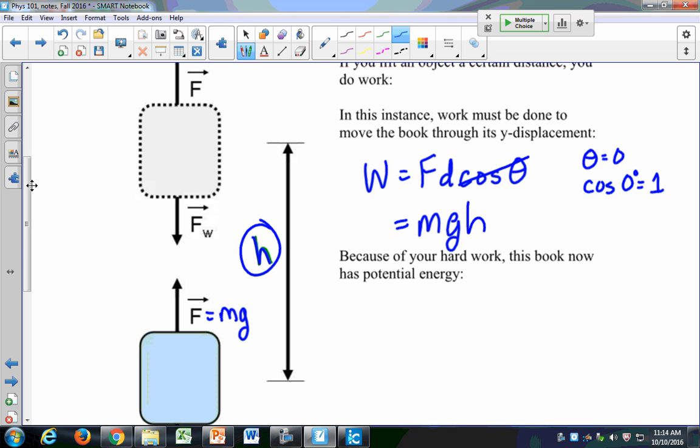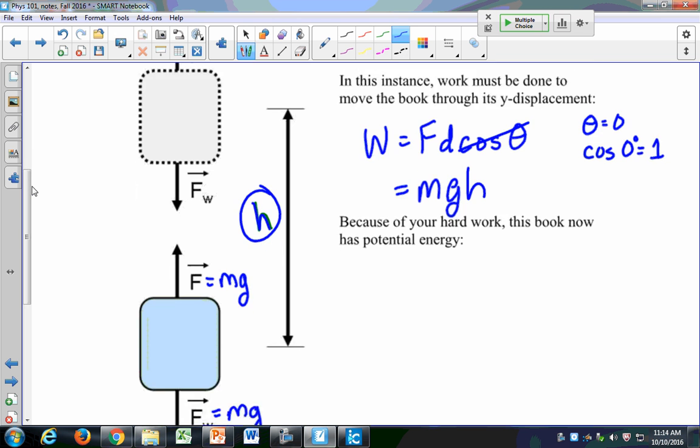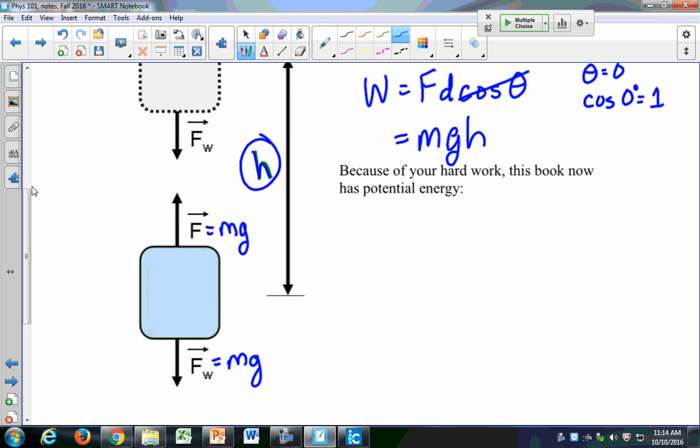And so that work is equal to m times g times h. And now this object, which I've applied a force over a certain distance, it now has what we call potential energy. Potential energy is equal to m times g times h. That's just the work that we've done. So this comes through the work energy theorem. Our potential energy is m times g times h.